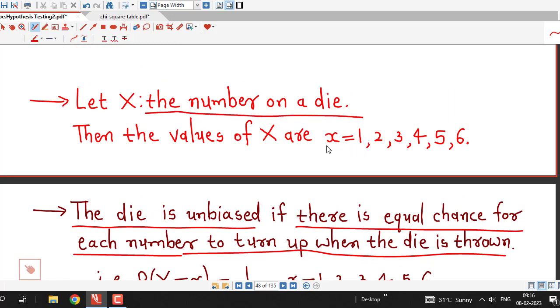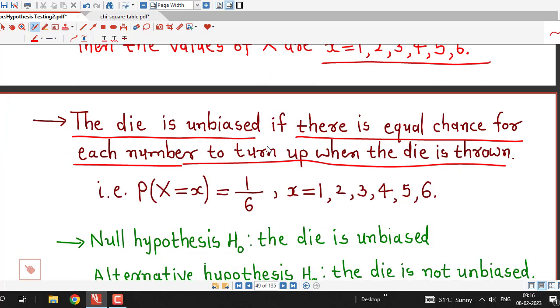So possible values of capital X are 1, 2, 3, 4, 5 and 6. So we will consider capital X as the random variable under consideration for this problem, and we have to find out the expected frequencies using these probabilities.